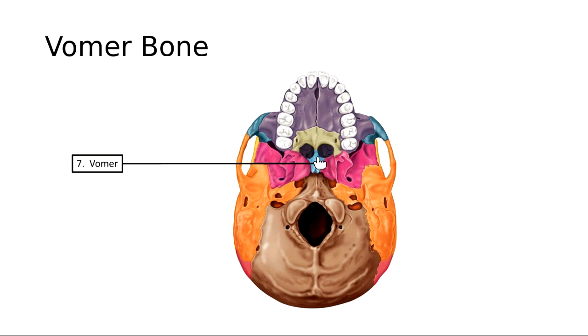When you look in the nasal cavity, you can see that it helps to form part of the septum, which divides your nasal cavity into left and right cavities. You know, sometimes the left side of your nose is plugged up and the right side you can breathe through. Well, there's a wall in between those 2 sides, and this helps to form part of that wall.